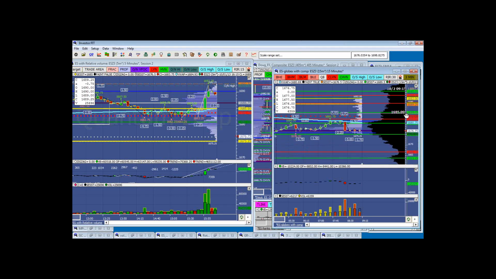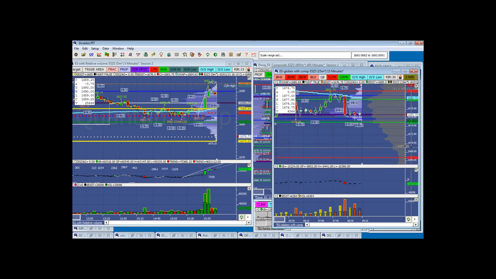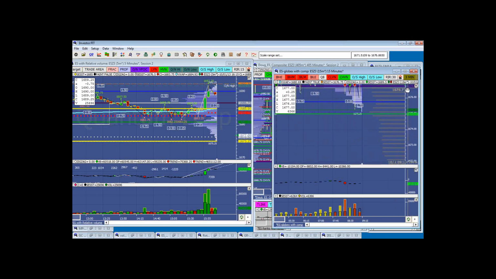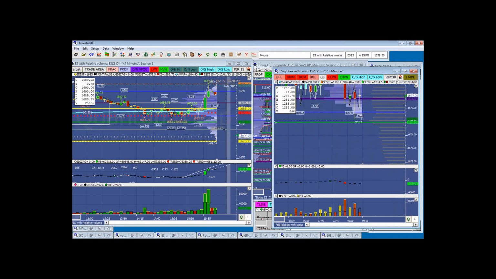The overnight low was 75 and a quarter, which is right at the low from yesterday, and of course right near that key CHVN at 75.75.